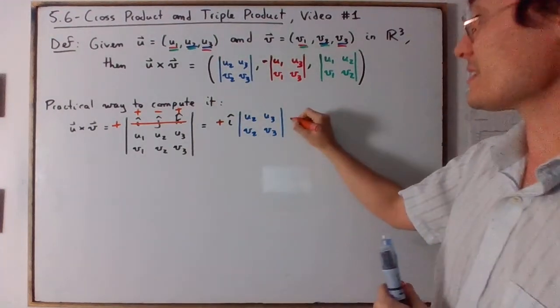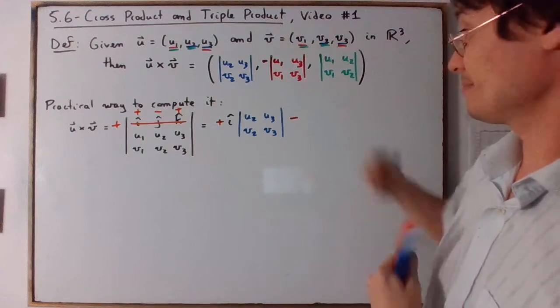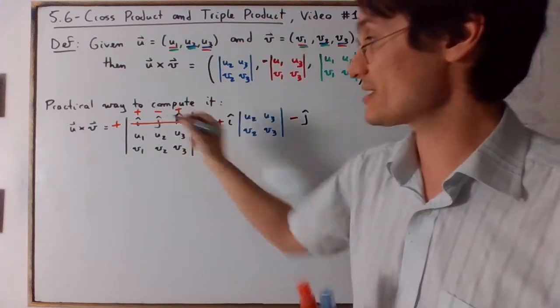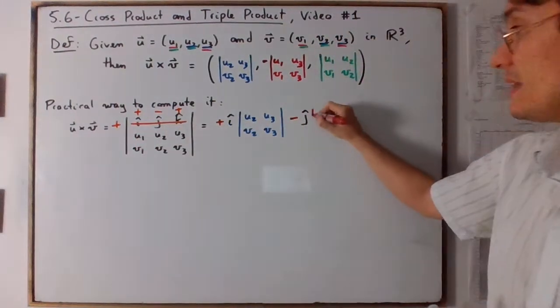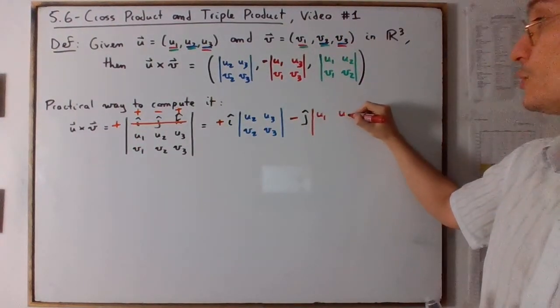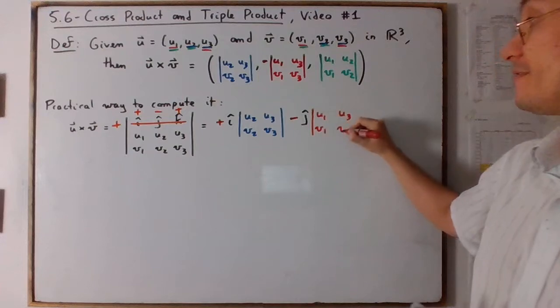Now, minus j hat, the second, and as you do the cofactor expansion you're left with u1, u3, v1, v3.